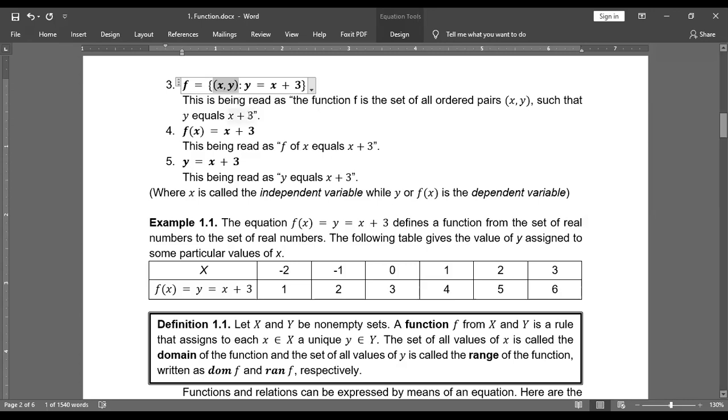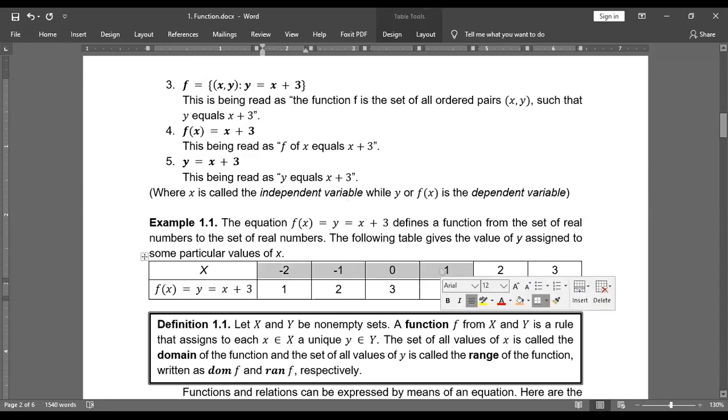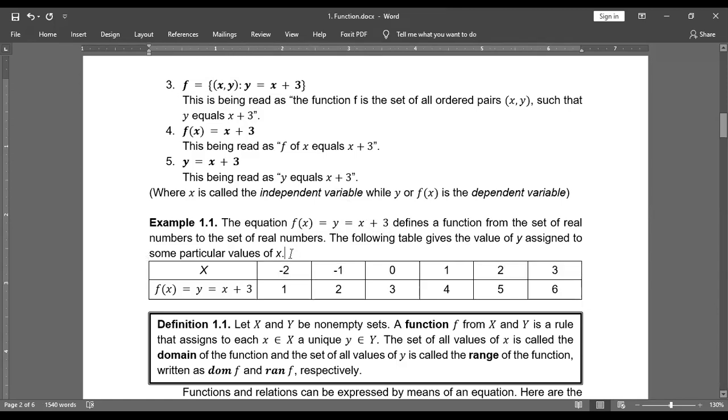Now this example, yung x plus 3 natin, can be defined as a function, since it satisfies the definition of a function, na there is no x value that is repeated in the given table of values. So the following table gives the value of y assigned to some particular values of x. And to be particular, this function is a one-to-one relation.